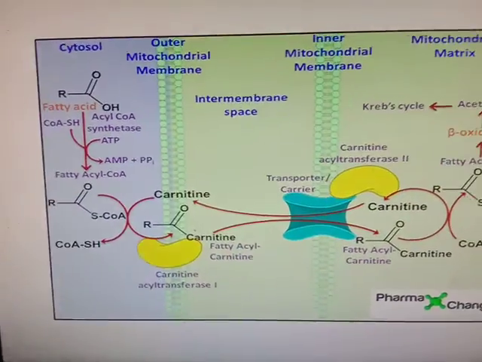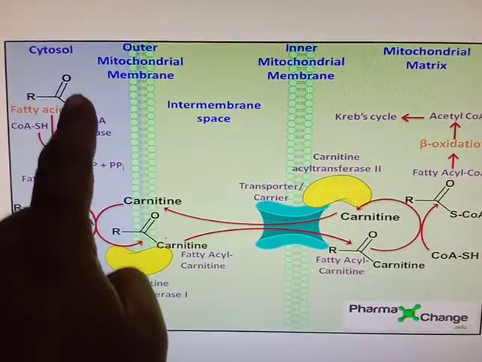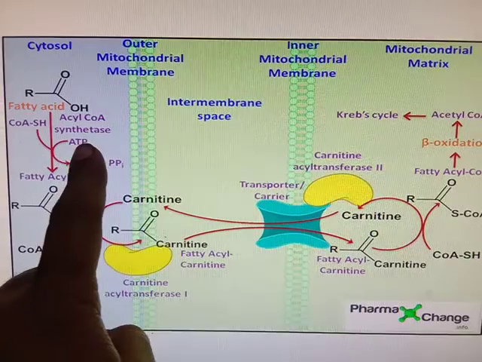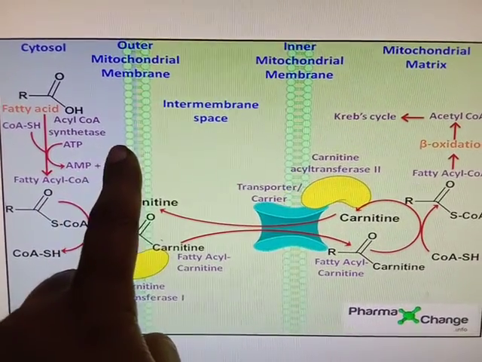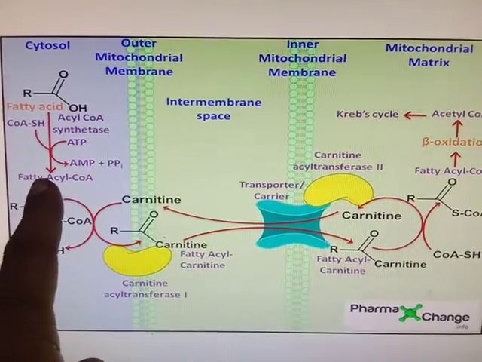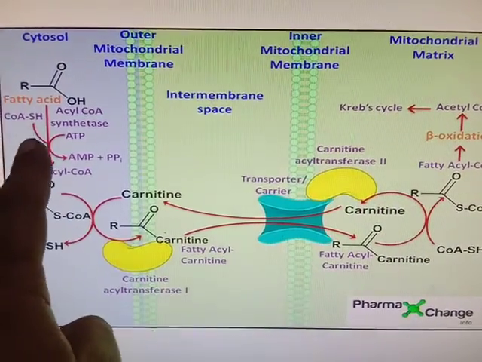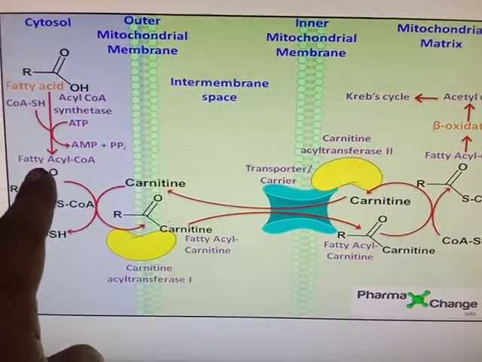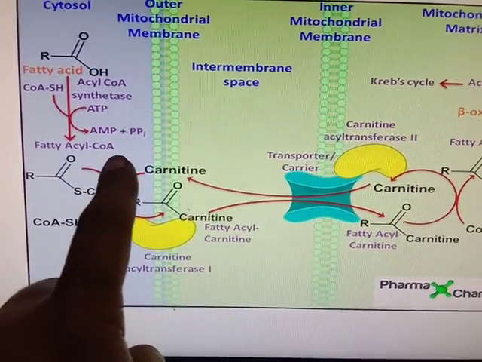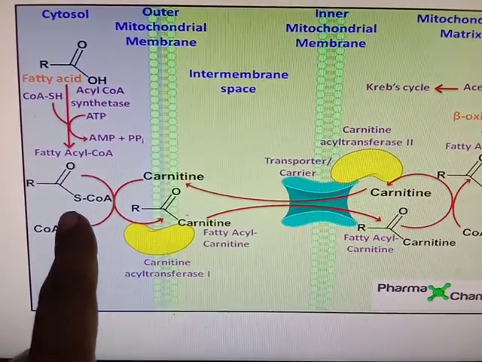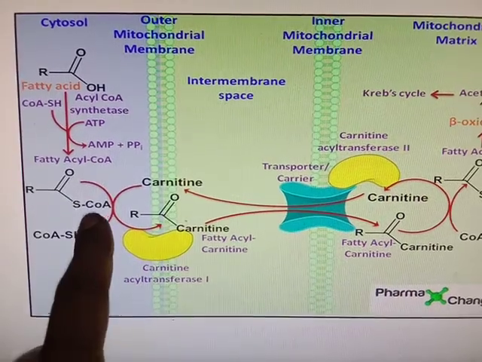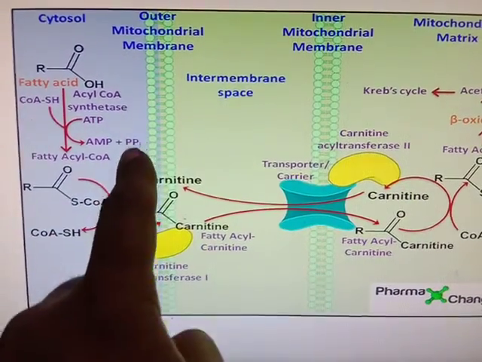Here we will see first fatty acid is present, then fatty acyl coenzyme A synthetase forms fatty acyl coenzyme A. Fatty acid and coenzyme A link and form fatty acyl coenzyme A. Now this fatty acyl coenzyme A is present on the outer side of the mitochondrial membrane.